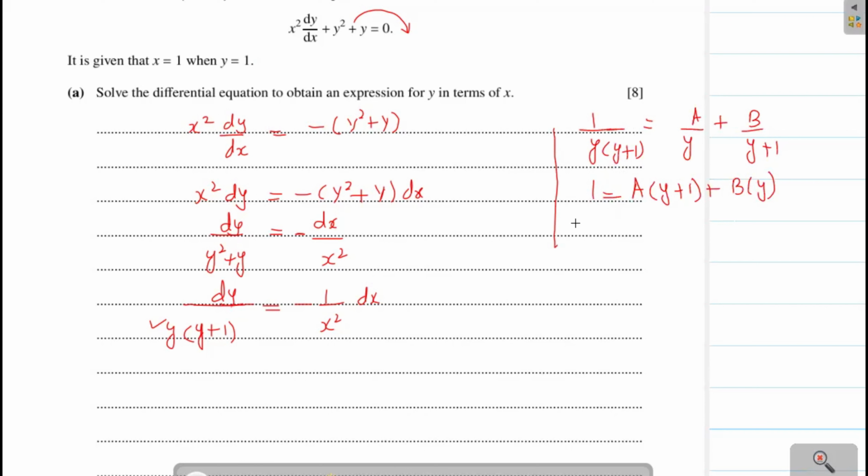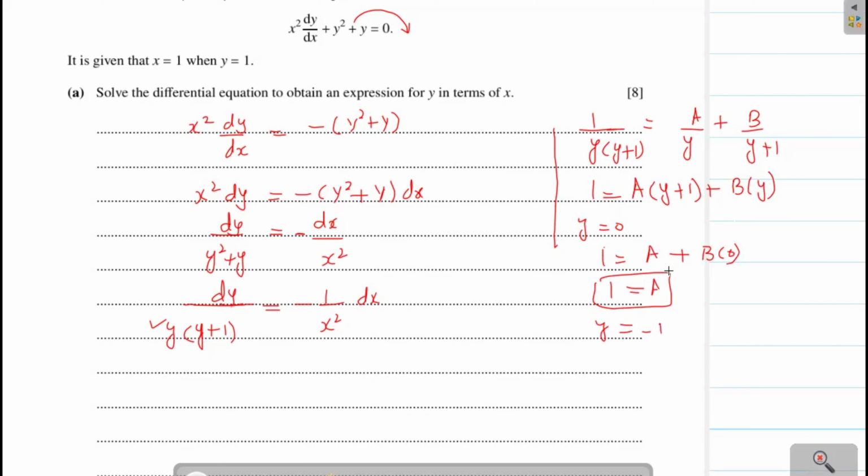Now we put the value y equal to 0, therefore 1 equal to a plus 0, therefore a equal to 1. Next we put the value y equal to minus 1.